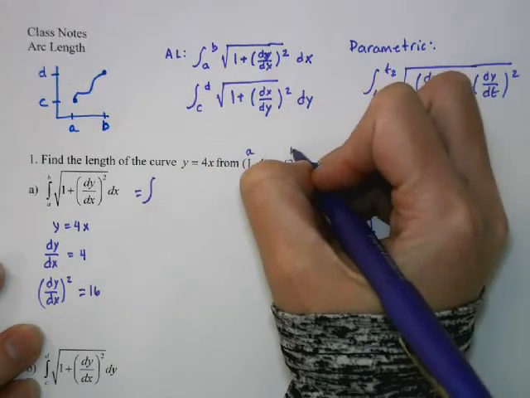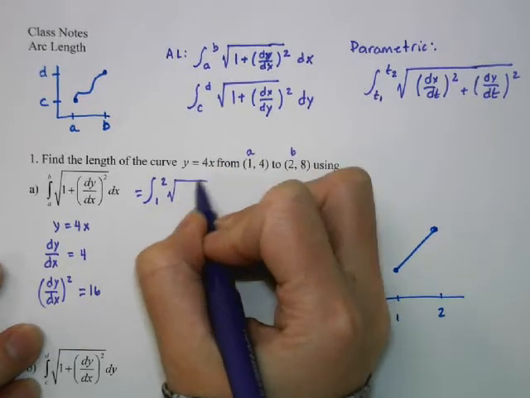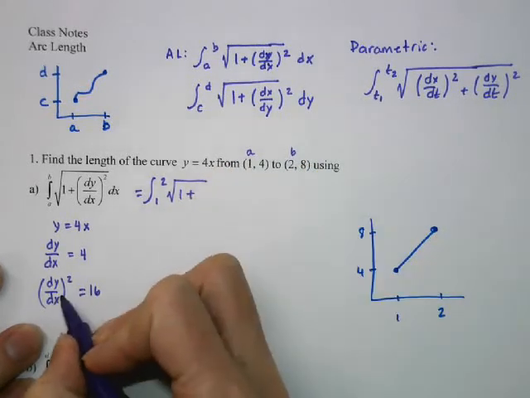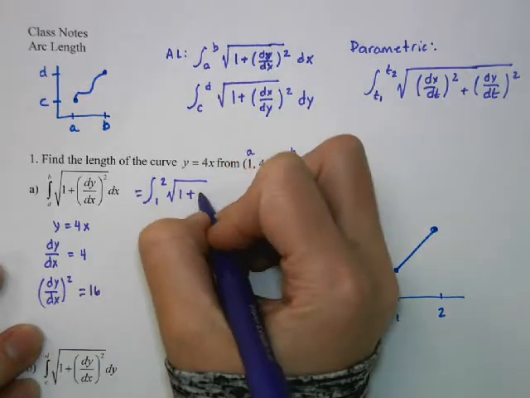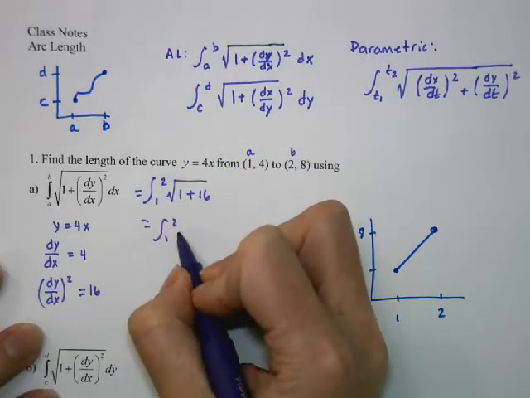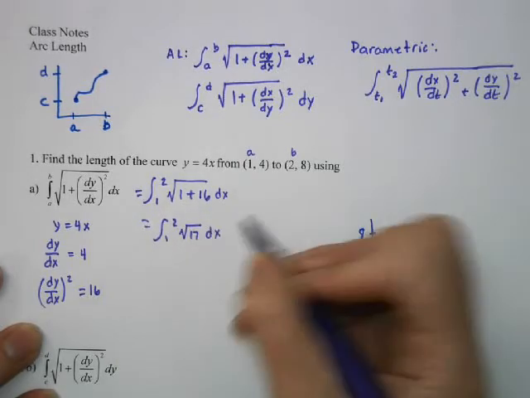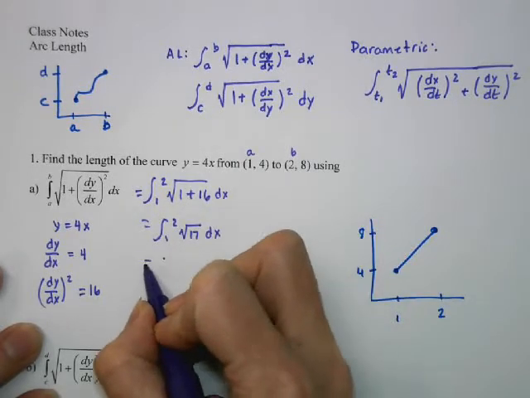So this is going to be the integral from 1 to 2 of the square root of 17. Well, that's just going to be root 17 x evaluated from 1 to 2, which is just going to be root 17.